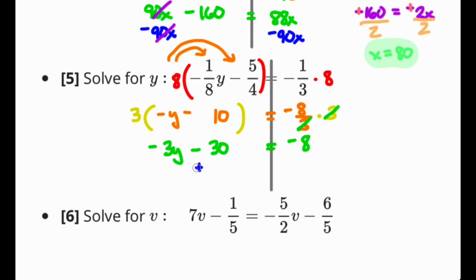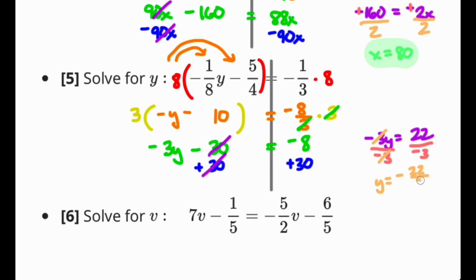Okay, we're going to add 30 to both sides to cancel out that minus 30, and you'll be left with negative 3y is equal to 22. Divide both sides by negative 3. Cancel, cancel. Y is equal to negative 22 over 3. And you have your answer.